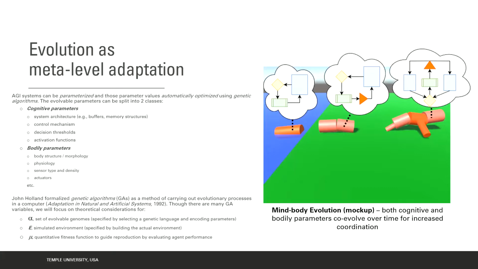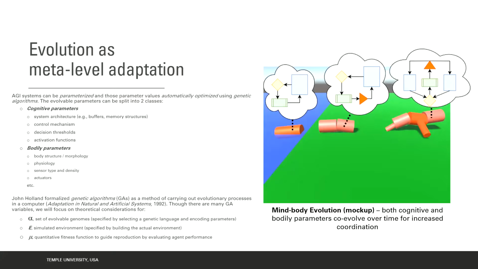And this is designed by selecting a certain genetic language to use and how to encode the parameters using that genetic language. E, which is the actual simulated environment, which is created by the designer. And a mu, which is the quantitative fitness function, which is used to guide reproduction by evaluating each agent's performance.